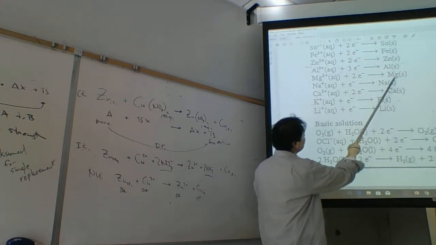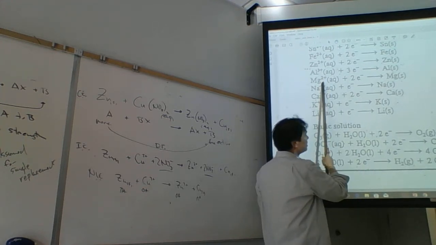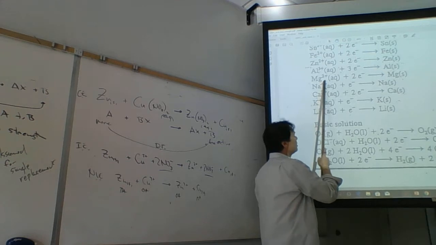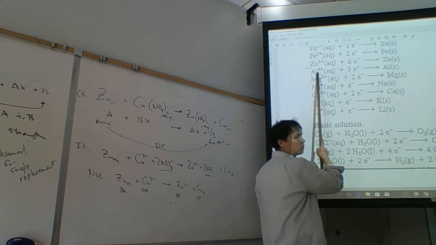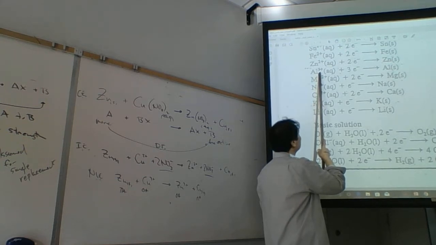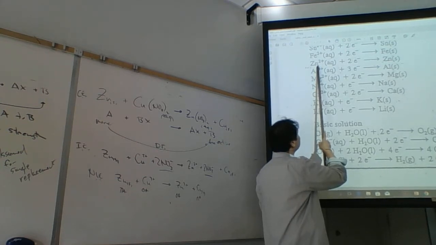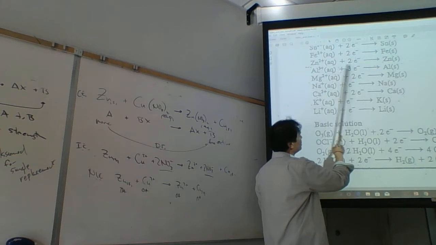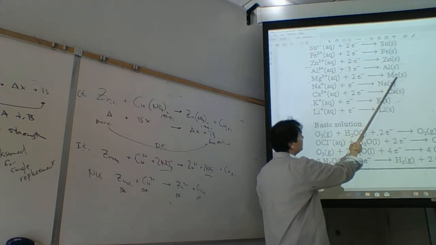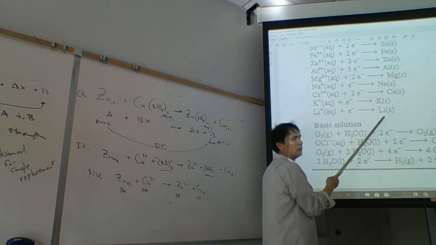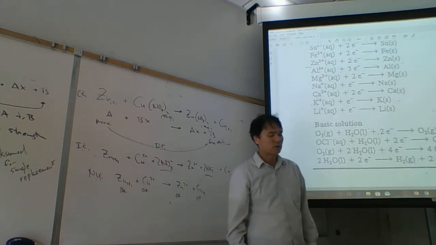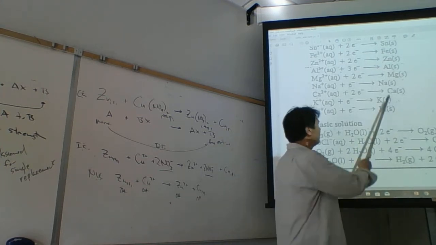So for example, if I tried to oxidize magnesium with magnesium ion, does that work? No. So I need something stronger than magnesium ion. Well, aluminum 3+ works. What comes after aluminum 3+? Water works. Now, so water can oxidize all these: aluminum, magnesium, sodium, calcium, potassium, lithium. And so water can react with all those. In fact, water reacts very violently with sodium.